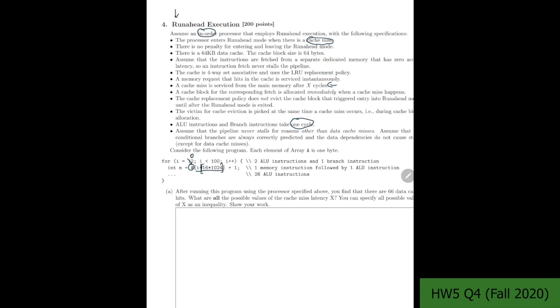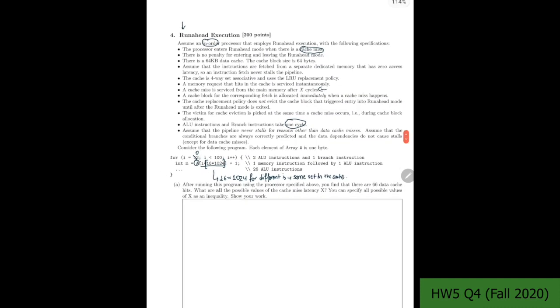As you can imagine, if you multiply 16 by 1024 for different i's, then each cache block location goes to the same set in the cache. Okay, so what's the first question?